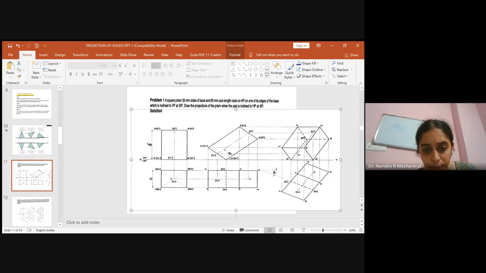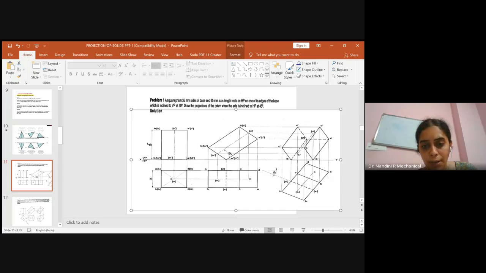Now first I am focusing on the bottom surface. Top surface is here, bottom surface is here. I'm reading only the bottom surface. Bottom surface values are the values within the bracket. So this is the locus of C1 and locus of C1 dash. It is meeting at this point. Name it immediately as C1. And then come here.